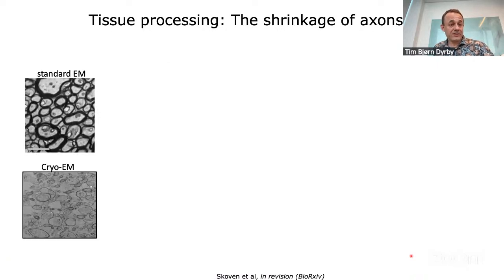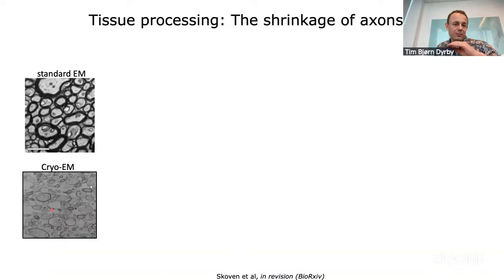Then we have also this step that I was mentioning about the tissue processing. So we have the standard EM here, where we have the dehydration step, compared with the cryo-EM. What you see here is not because we have a contrast difference, but in the standard EM you can clearly see that all the axons are very close, the density is high, compared to a cryo-EM here.